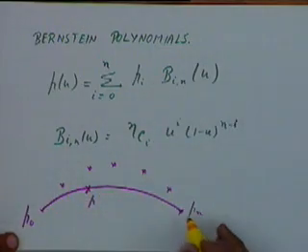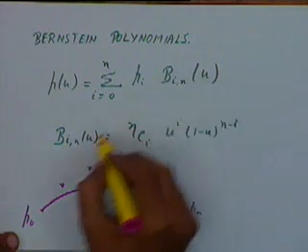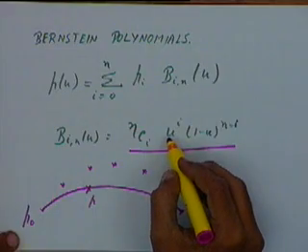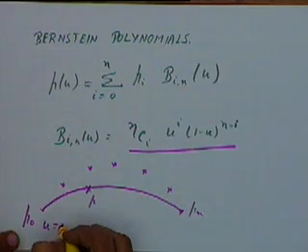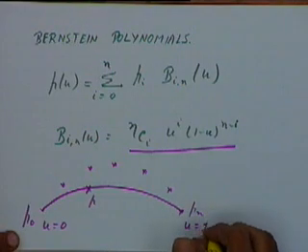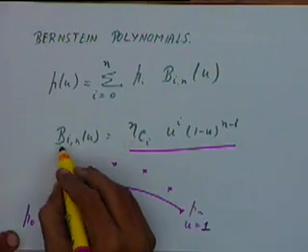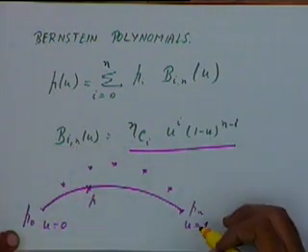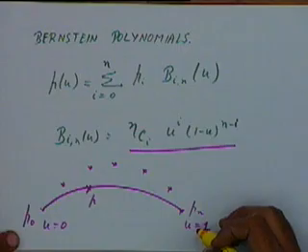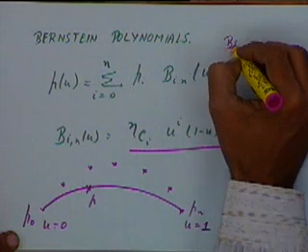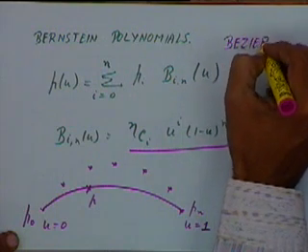So to each of these end points we will give separate weightage, and that weightage is given by this expression. And u is varying from 0 to 1. At this point we will say u is equal to 0, and at this point we will say u is equal to 1. These Bi,n are the weightages given to each of these distinct points. These are called the Bernstein polynomials, and this definition is the definition given to Bezier curves.